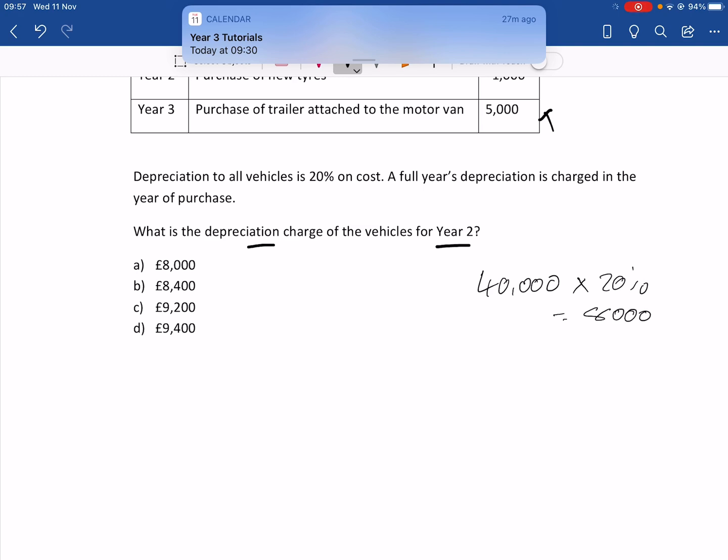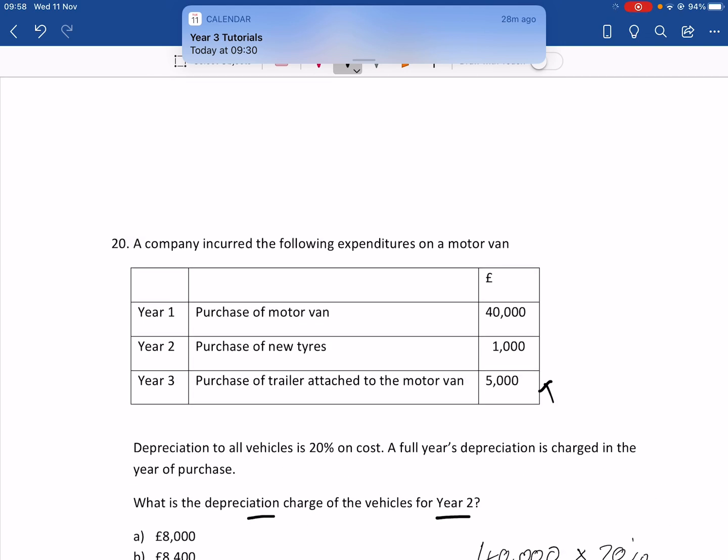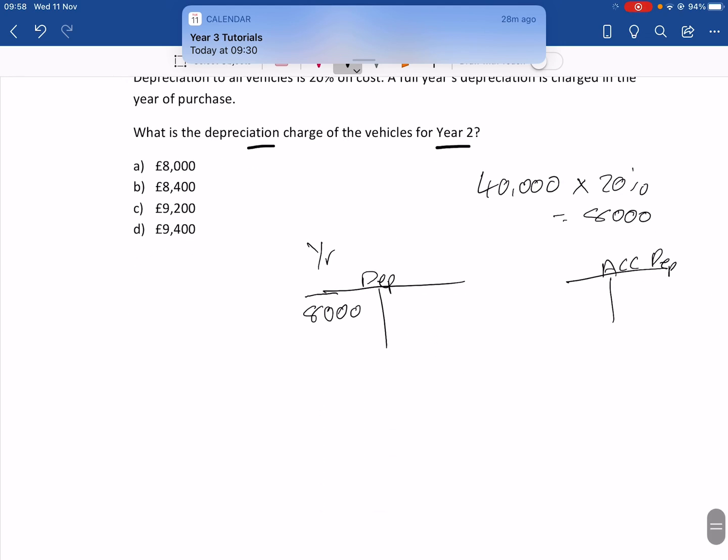Out of interest, as I said in the previous video, for year 1 you would debit depreciation. So you've got depreciation, and you've got what we call cumulative depreciation, which is adding up depreciation. For year 1 it will be £8,000. So we debit the depreciation account and we credit cumulative depreciation by 8,000.